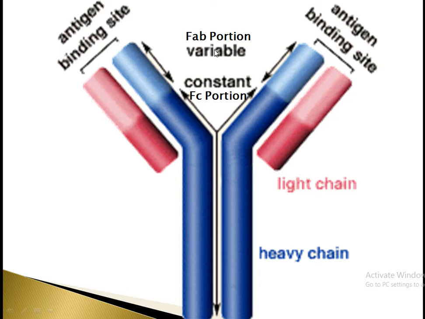Why is it variable? Because we have different types of antigen, so it is very specific for each type of antigen. The remaining portion is constant and it is called the Fc portion.